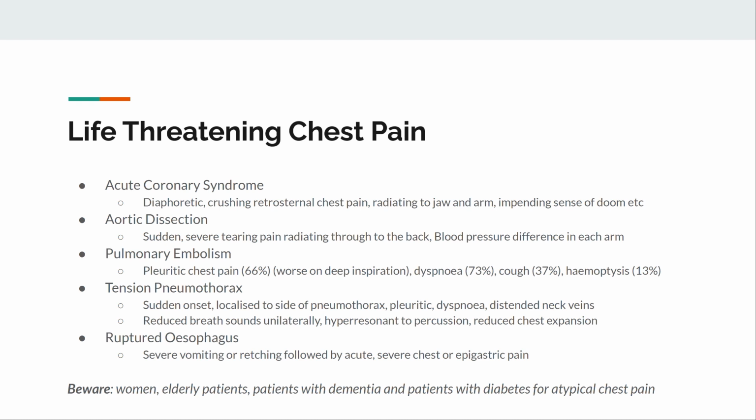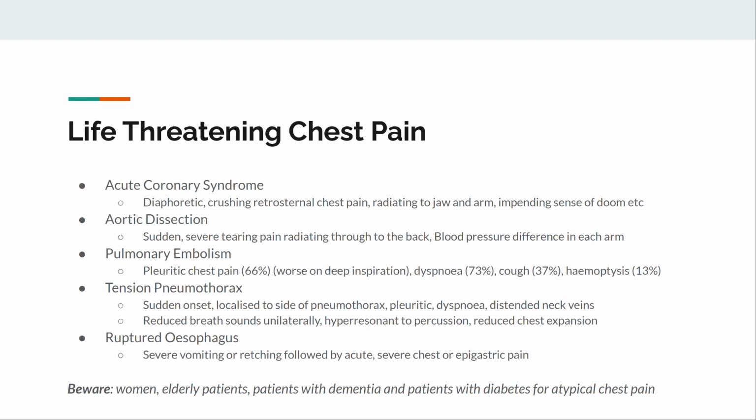In ruptured esophagus, typically someone will have severe vomiting or retching, and then suddenly their chest will be in severe pain. What often happens there is that the esophageal sphincter is closed, and the person's stomach tries to forcefully vomit against that, and that rips the esophagus. There are two conditions to know there.